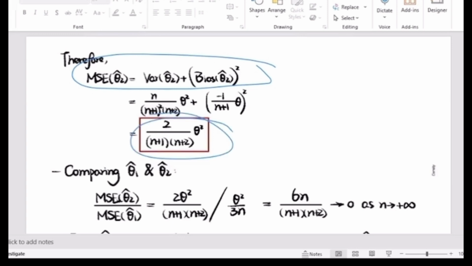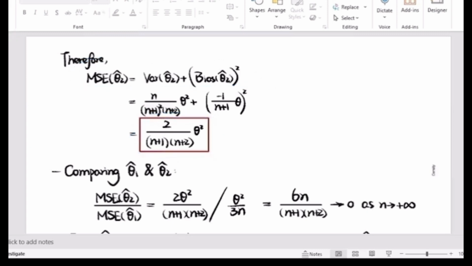Now, I've been able to obtain the mean square error for the two estimators. If I want to use the principle of unbiasedness, I already know that the first estimator is unbiased, but the second estimator is biased.